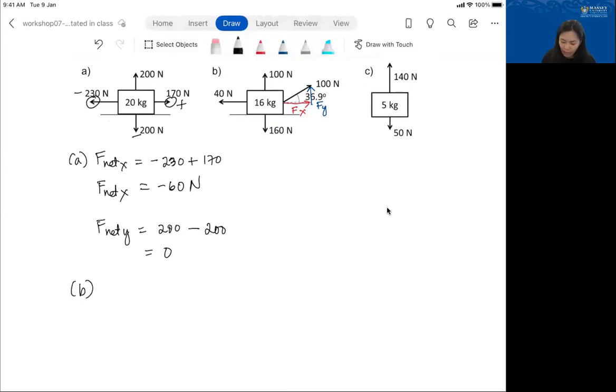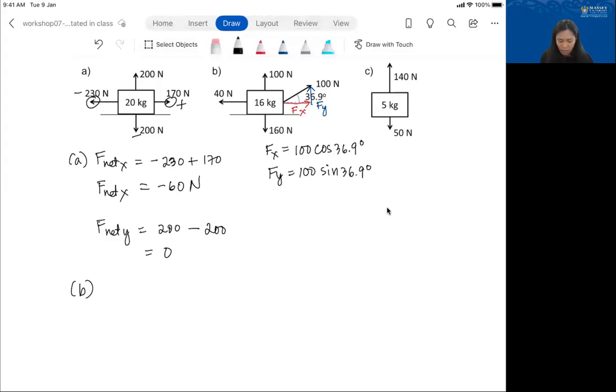So let's do that. The x component here is the side that's adjacent to the angle, so that will be 100 cosine 36.9 degrees. And the y component will be 100 sine 36.9 degrees. And you can do that in the calculator.